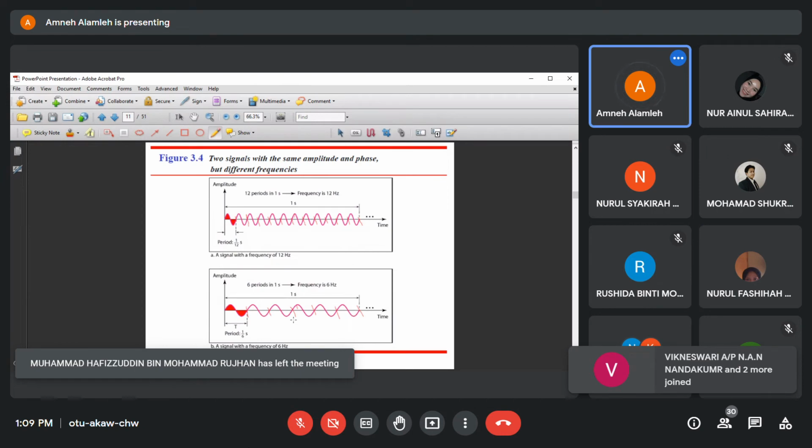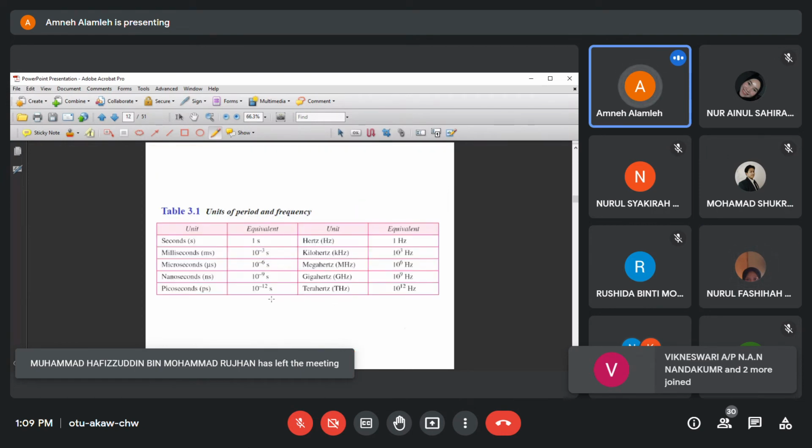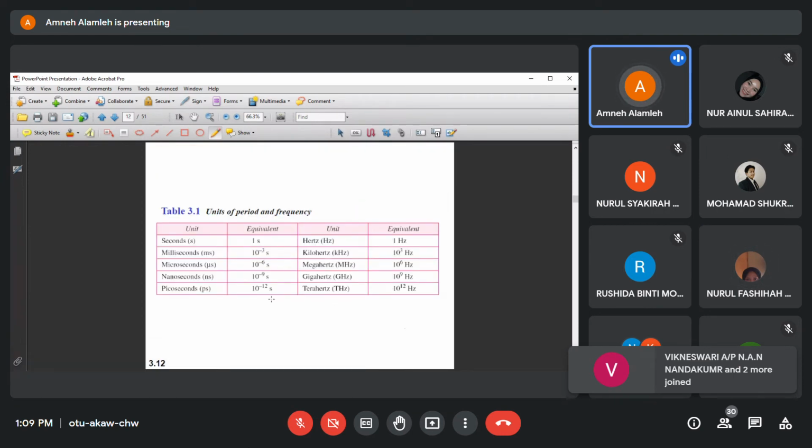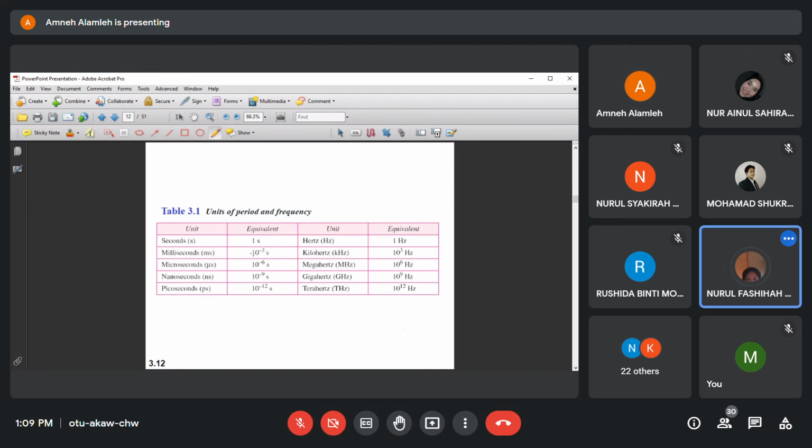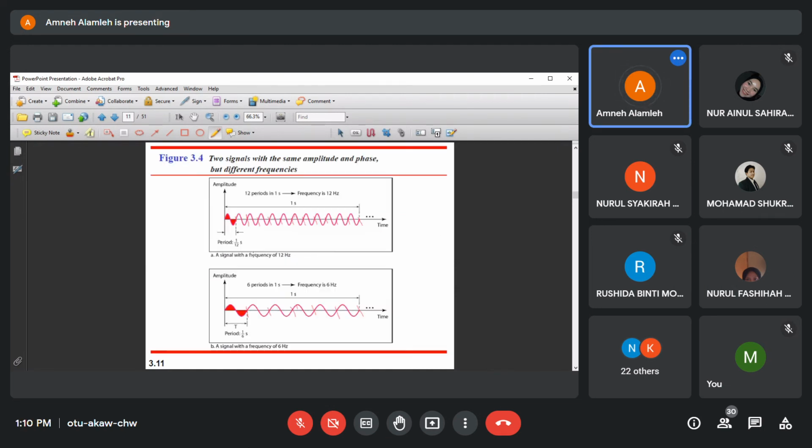Okay. Now this table shows the units of period and frequency. So we say, for example, we have a signal which is 1 hertz per second. I will draw for you.